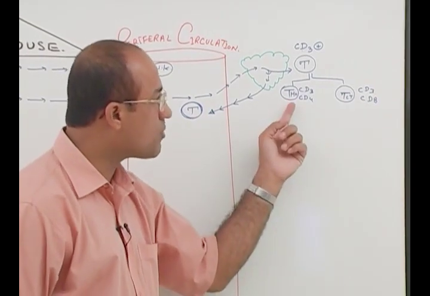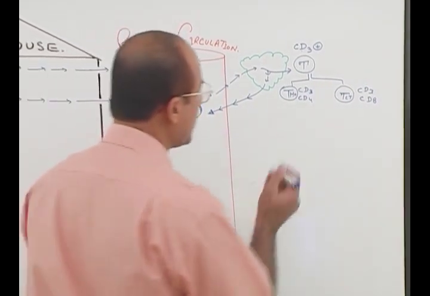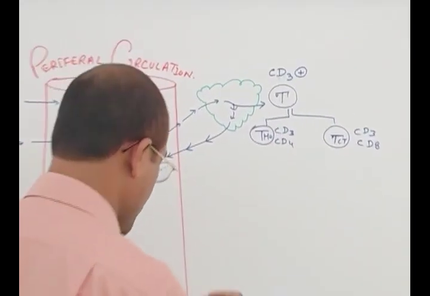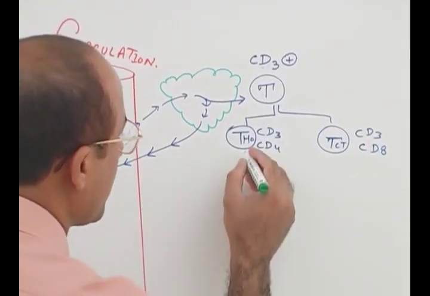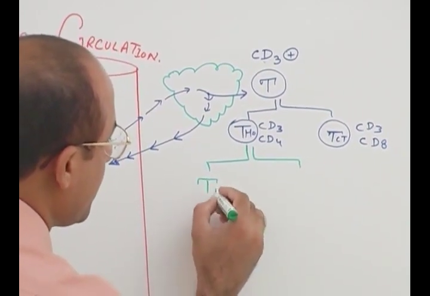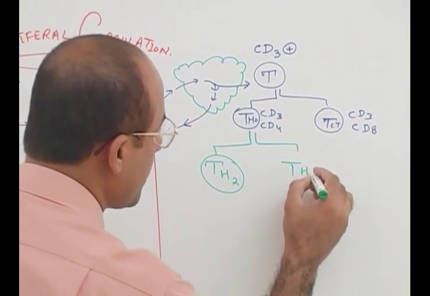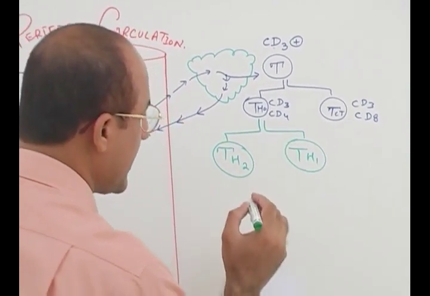But CD4 positive cells can divide into two types of cells, right, T helper 2 and T helper 1. Is that right?